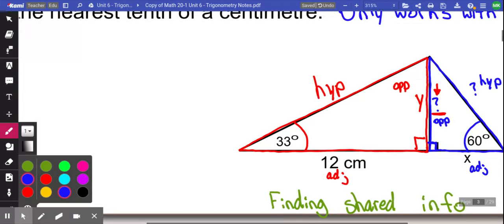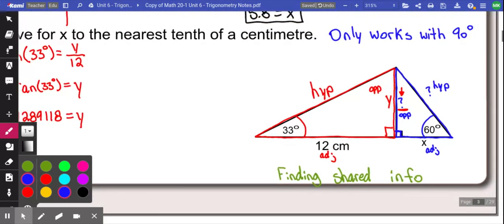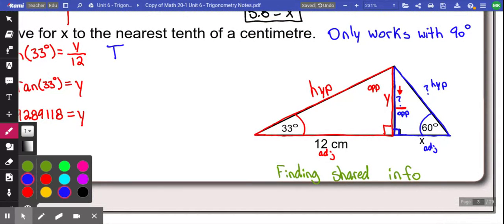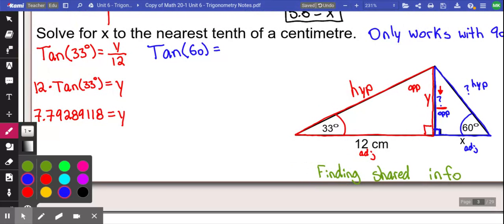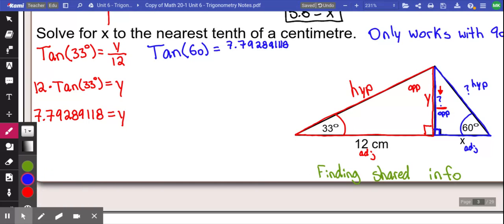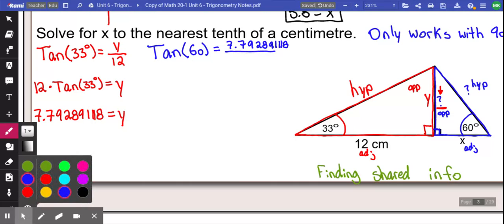Using SOH CAH TOA, I'm going to end up using TOA again, but for the blue triangle, so it's tan of 60 degrees equals opposite, which we just solved, 7.792891118. I missed a 1 in there. Divided by my adjacent side, which is x.